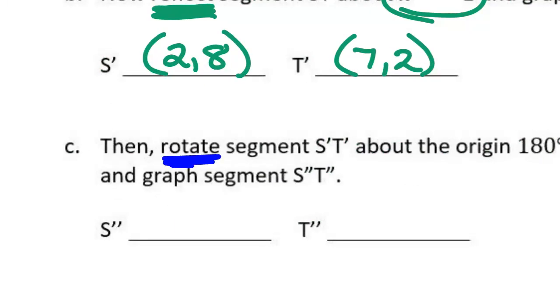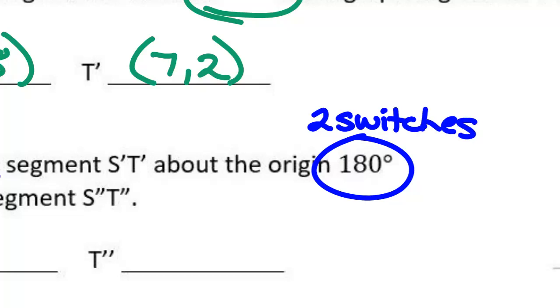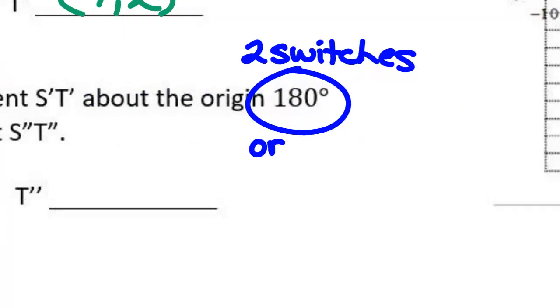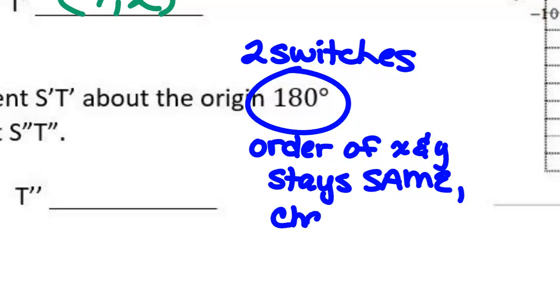How far? 180 degrees. So that's 2 switches. When I do 2 switches, the order of X and Y stays the same. All we have to worry about is changing the signs.